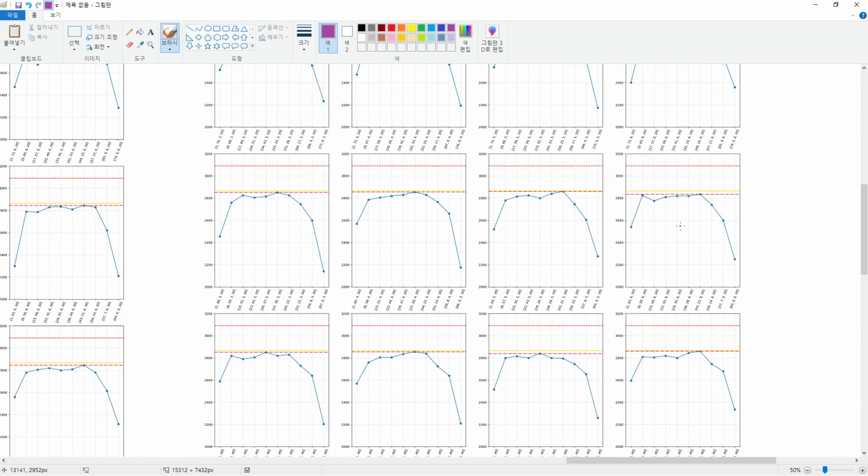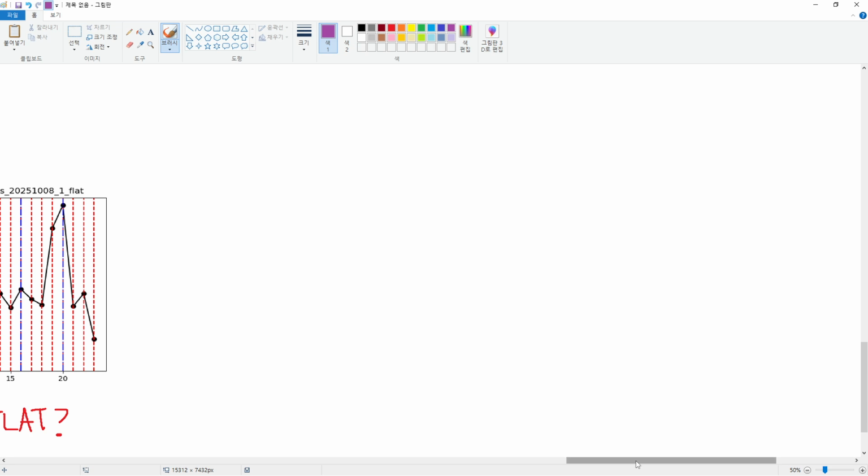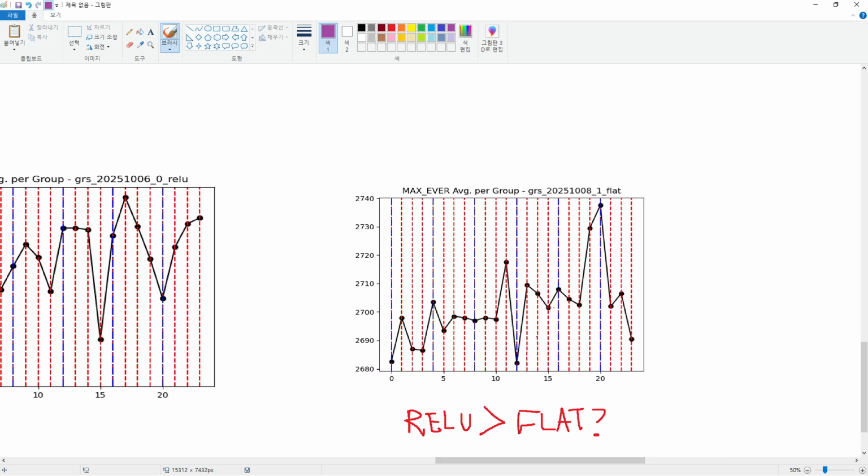So I would like to know the average of maximum errors, and in this case, you can clearly see, this is when chill ratio is 0, and then 10, 20. I'm referring to the points starting from the blue dotted line, and then 1, 2, 3, 4.